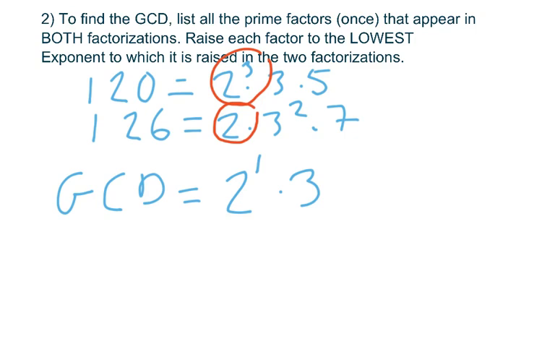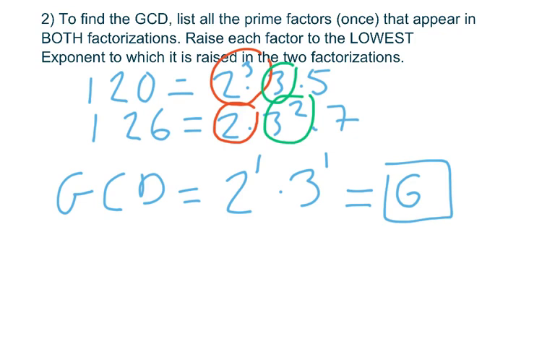Looking at the 3s, there's 1 factor of 3 here, there are 2 factors of 3 here. The lowest exponent to which the 3 is raised is again 1. The greatest common divisor is the product of 2 to the first times 3 to the first, and that means that the greatest common divisor is 6.